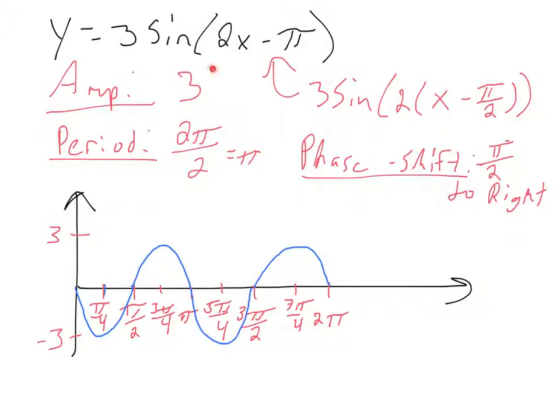Okay, so for this next one, I'd like you to go ahead and graph y equals 2 cosine of 4x plus 3 pi, plus 1.